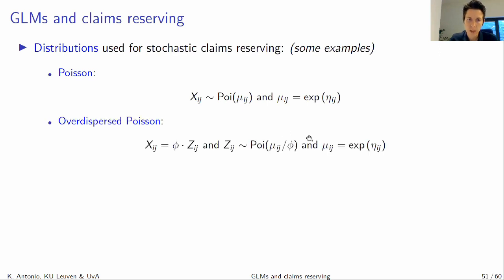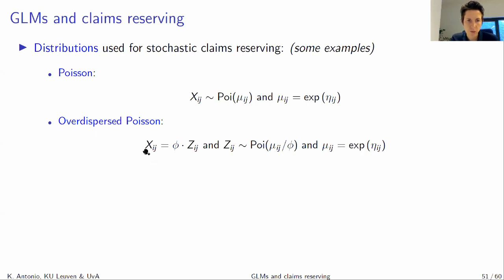Now you can also go a bit beyond that, and you can generalize the Poisson assumption to a so-called over-dispersed Poisson assumption. With this over-dispersed Poisson, you still have the same expression for the mean as in the regular Poisson, but you make a little tweak on your variance assumption, so that you also allow for over or under dispersion. How does that work?